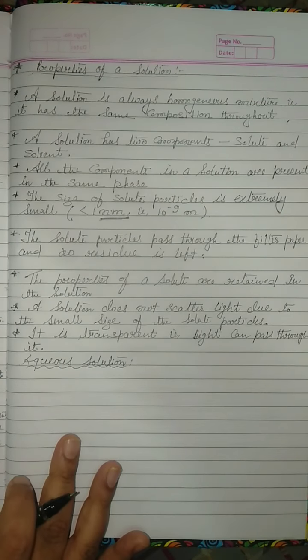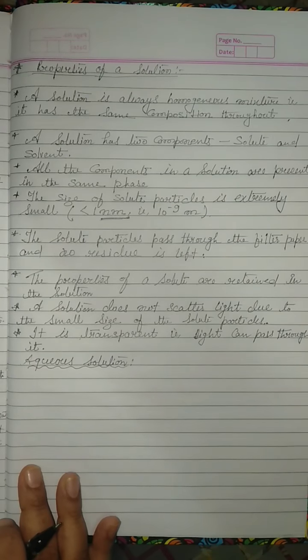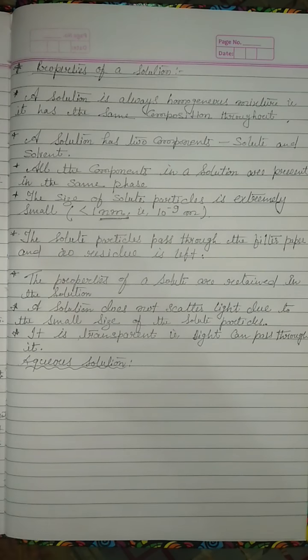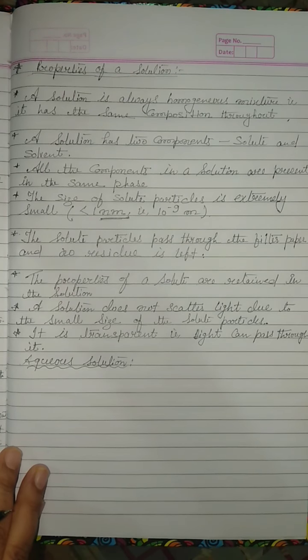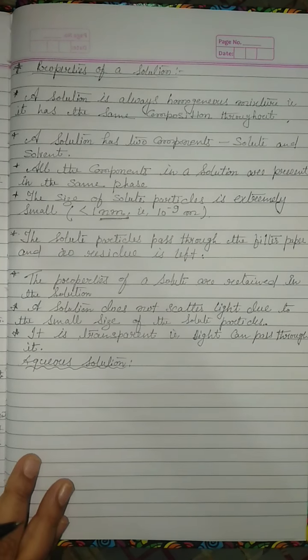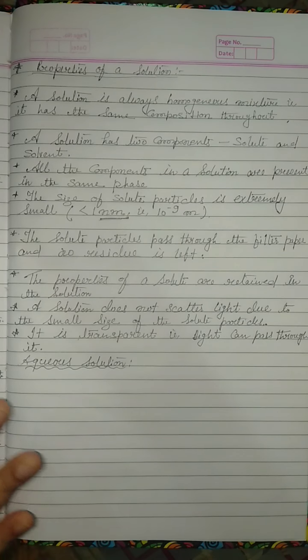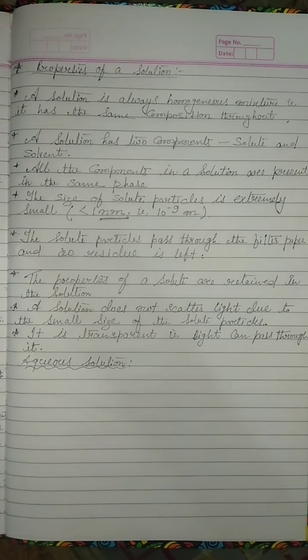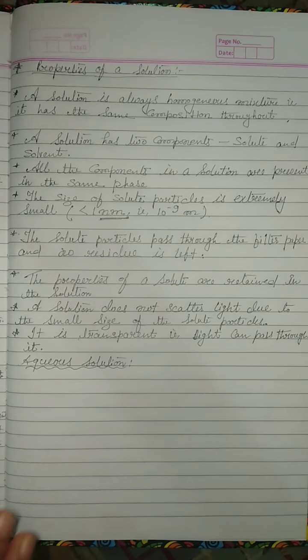For example, sugar in water, salt in water. Non-aqueous solution, so this is also when a solute is dissolved in a solvent other than water. Means solvent is not water. That is also alcohol, iodine dissolved in alcohol, sulfur dissolved in carbon disulfide, etc.